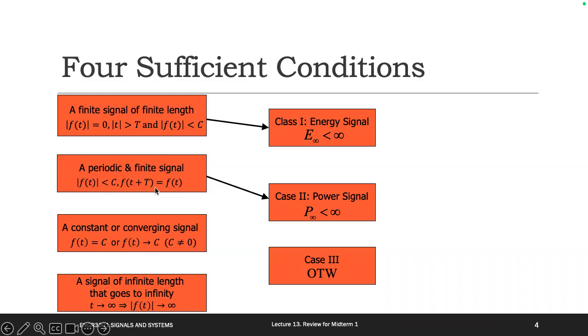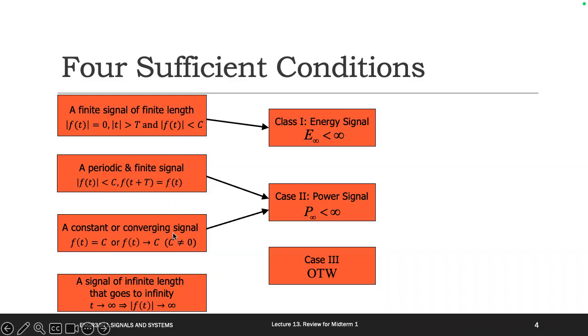Finite signal, which means the value is not infinite, it will be smaller than some specific value. Here we are not talking about finite length, which means here your time can go to infinity. Does that make sense to you?